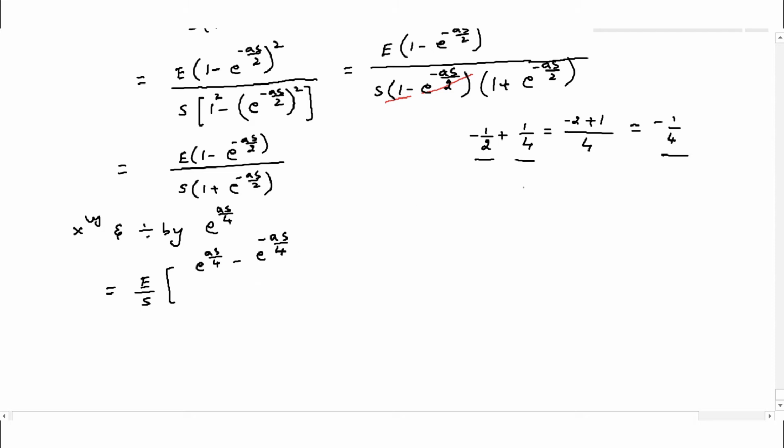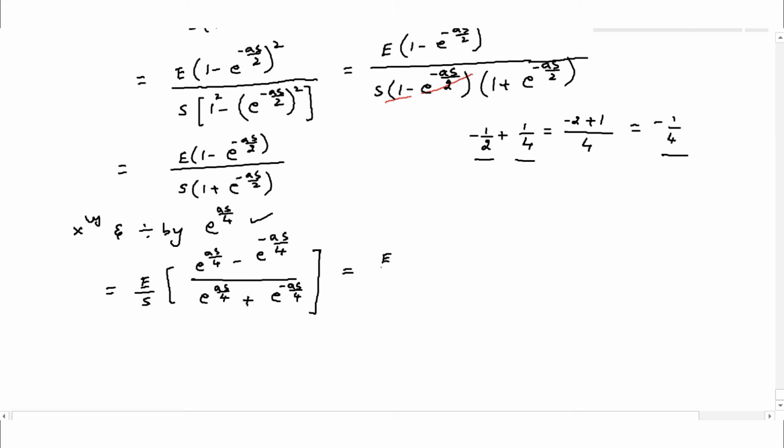So to get a uniform value s by 4, you have to multiply and divide by e power of s by 4. In the denominator also, I will multiply by e power of s by 4. So e power of s by 4 plus e power of minus of s by 4.